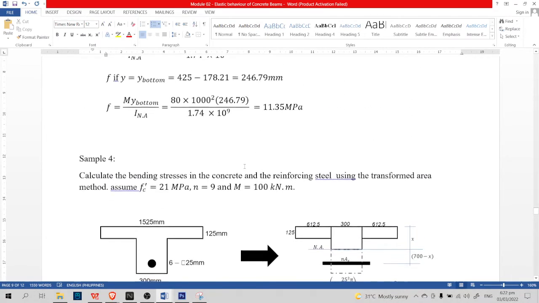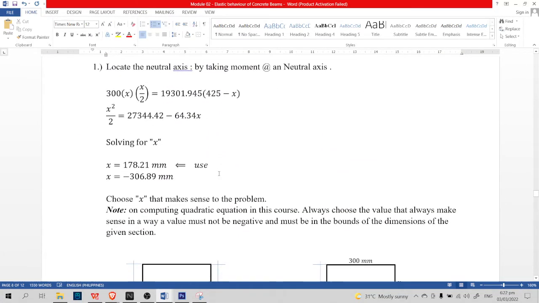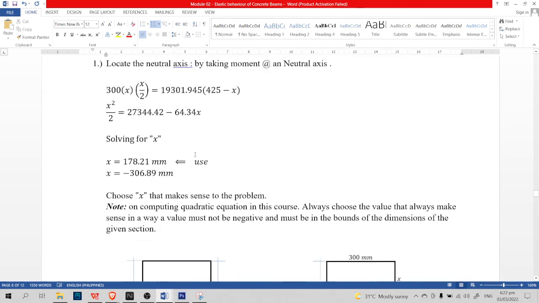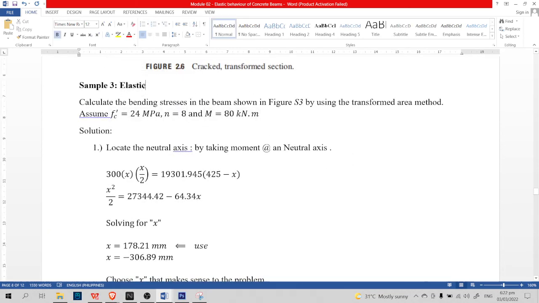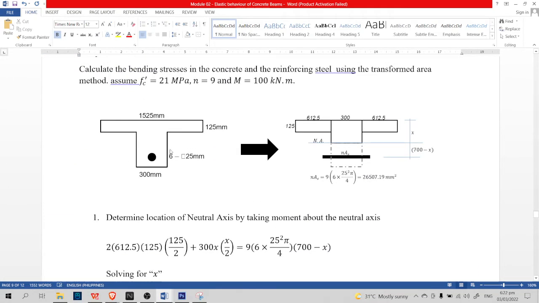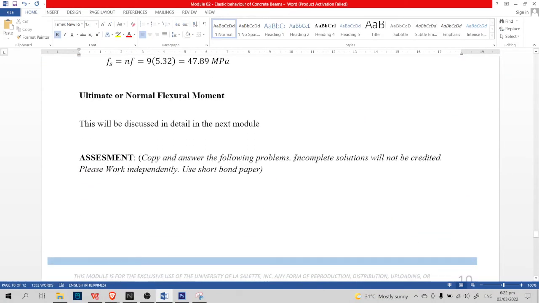So, to give you full view of the behavior ng beam natin. If we are talking about the stick part or the track section, may T-beam din tayo. So, ganun din. Medyo mas komplikado. So, katulad nito, ultimate.